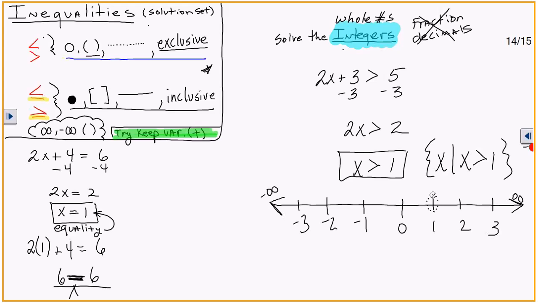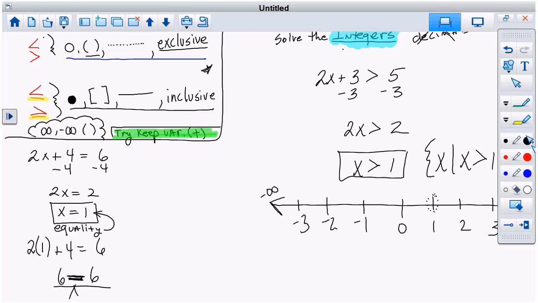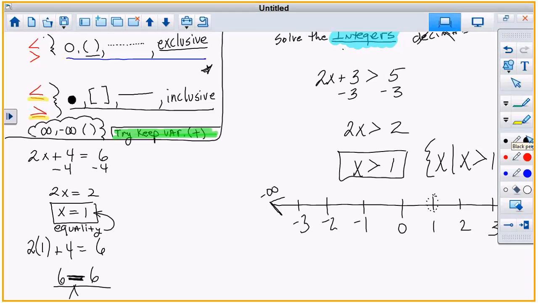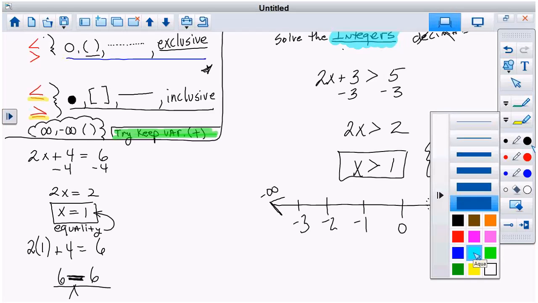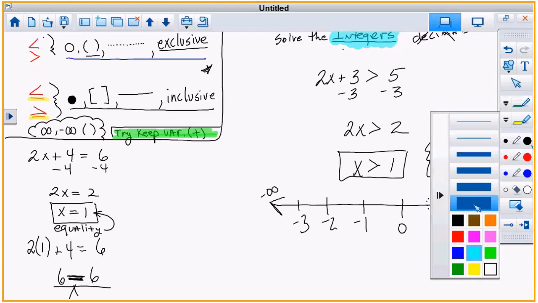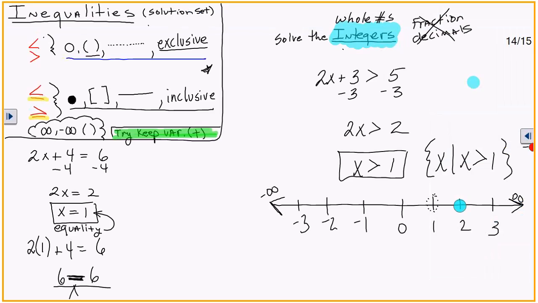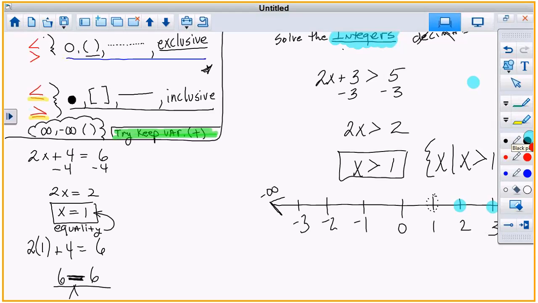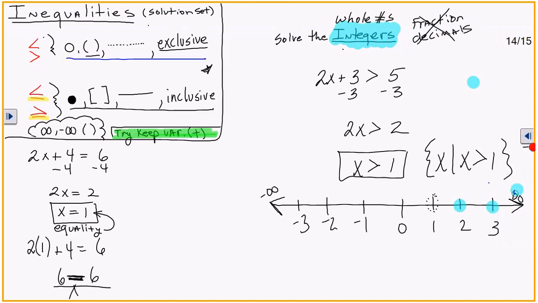It's not even there. And then what numbers are greater than 1? Well, that would be 2, 3, and on to infinity, but we can only include the whole numbers. So what we do is we put 3 dots right here. That means all the whole numbers to infinity.